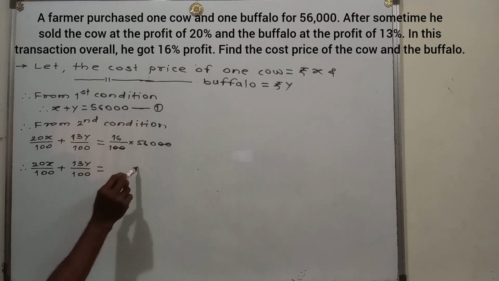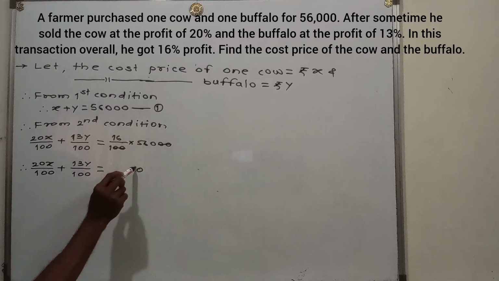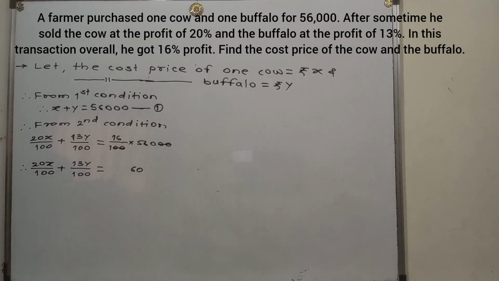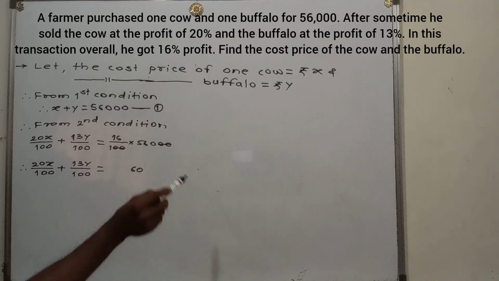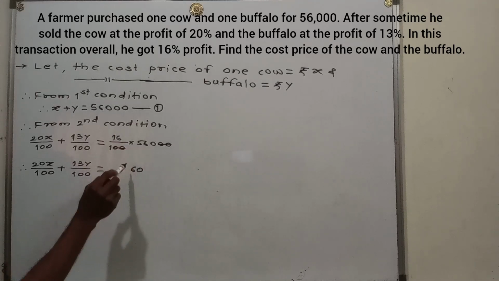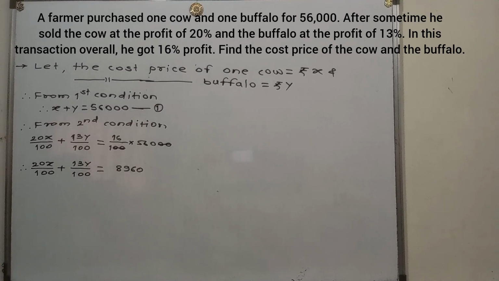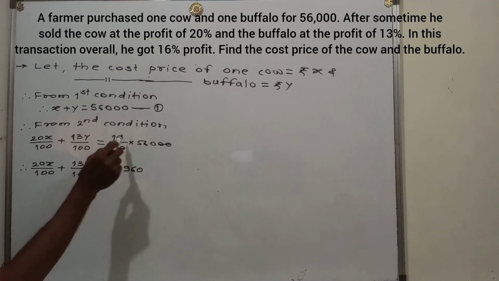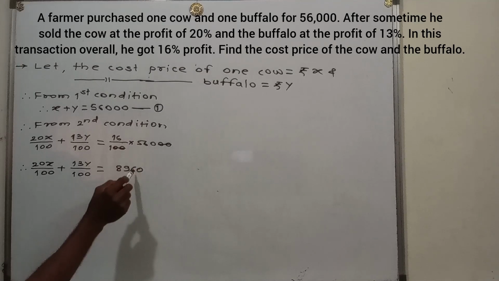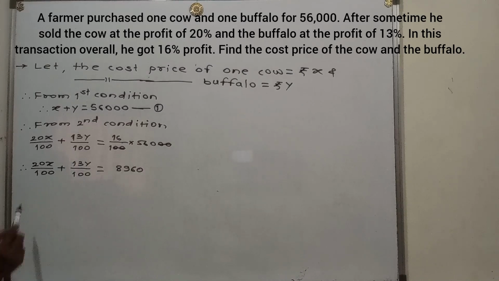See this: 16 sixes are 96, and 16 fives are 80, and 9 is 89. So 96 and 16 fives are 80.